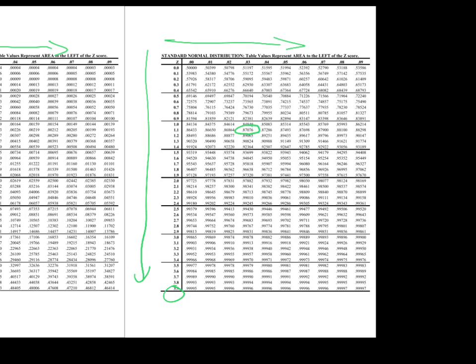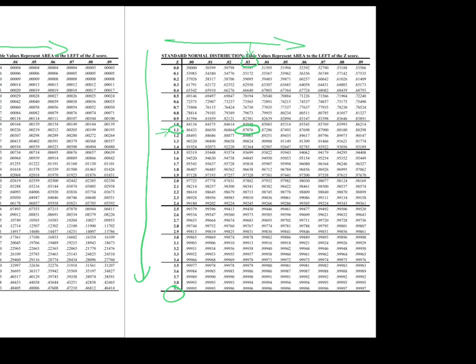So how does this 0.87076 relate to a z-score? Well, what we do is we take the value here on the left of this row, so 1.1, and then we also add this hundredth value. So what we're getting on the left is the detail to the tenths place, but then we get a little bit more detail with this horizontal column right here.